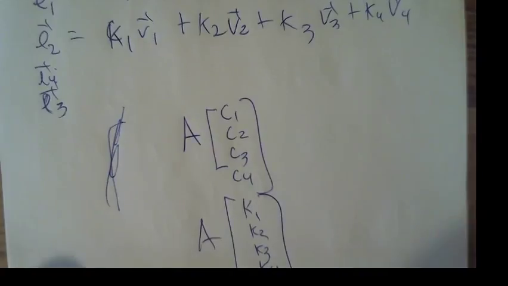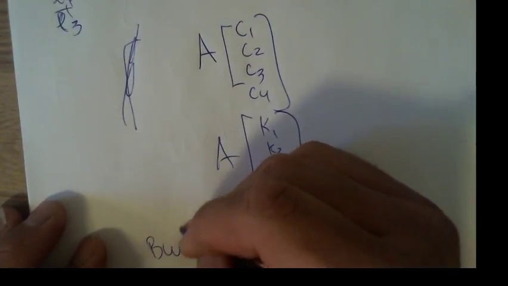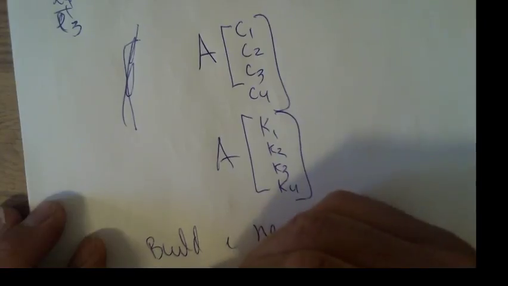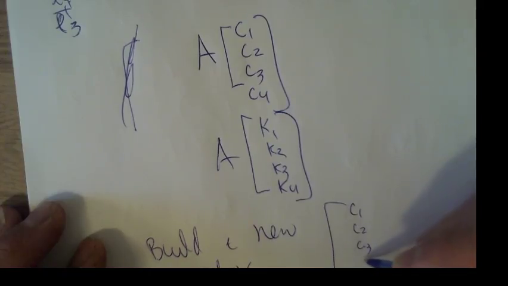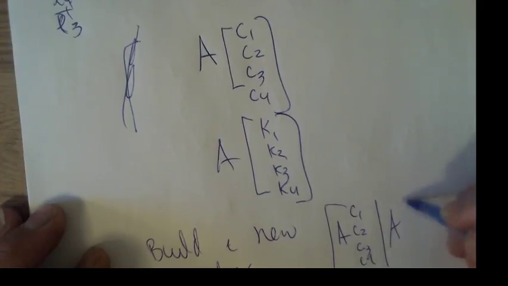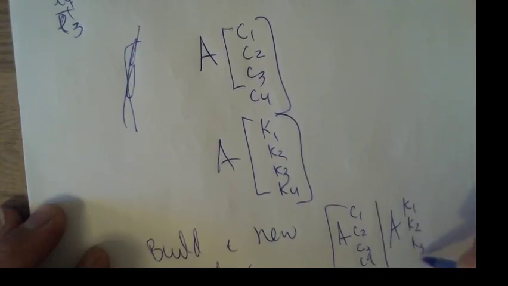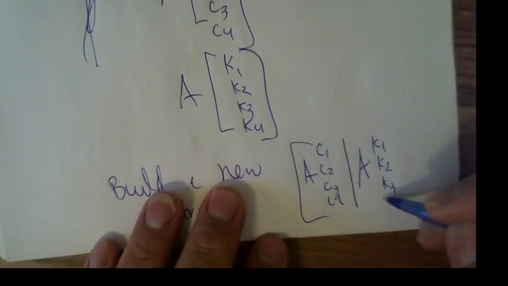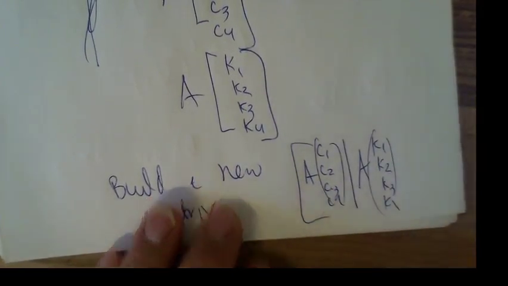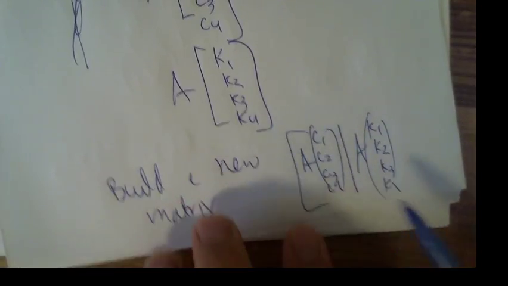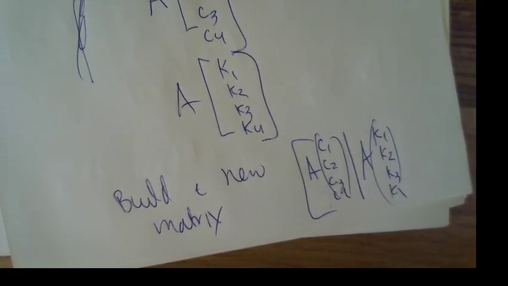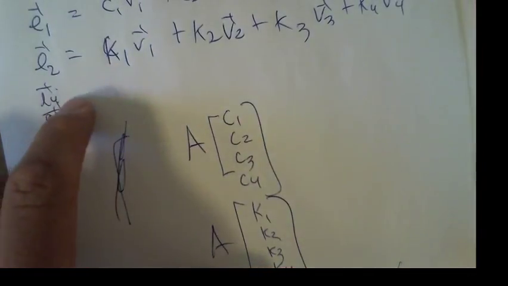And then you would build a new matrix where the columns would just be A times those coefficients, for the coefficients C1, K1, and then for the other standard basis vectors.